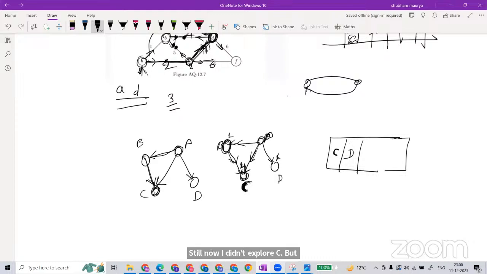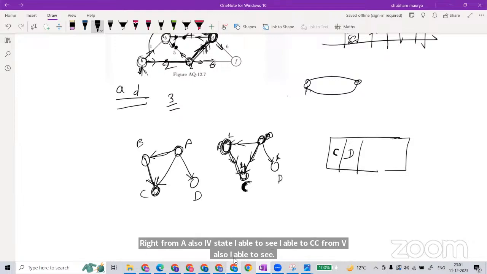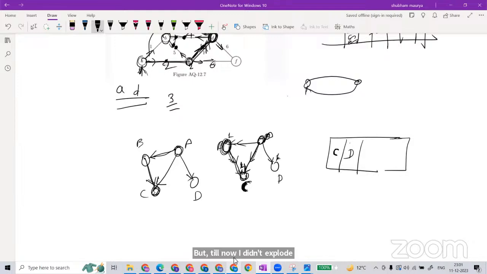From A also I was able to see C, from B also I was able to see C. But till now I didn't explore C, right? I explored B first. Now it is time to explore C.